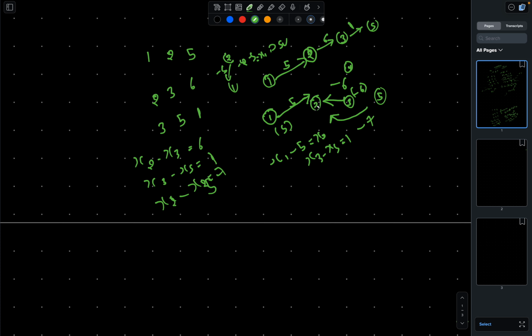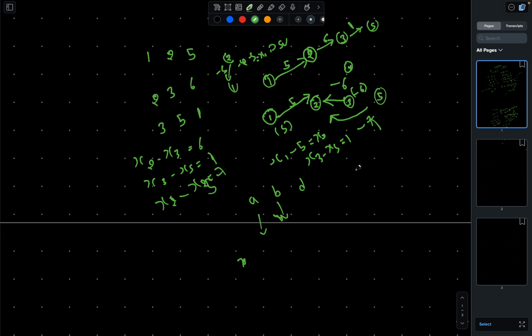So now how are we going to implement this? Let's first see how we can check using this. Each time a new query comes, for example a, b, and the difference is d, we can find the ultimate parents of a and b, and using that we get the difference. So what does this give us?